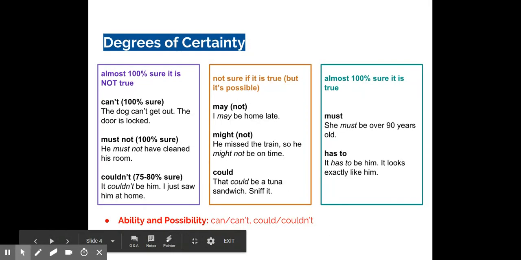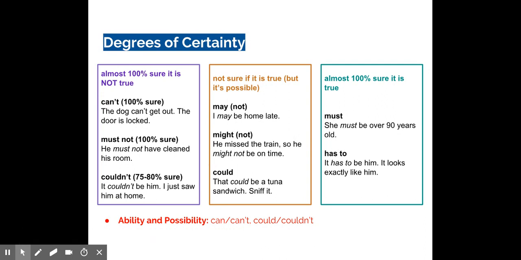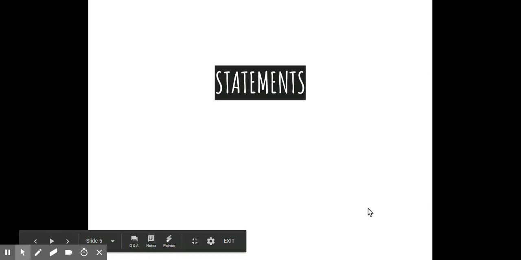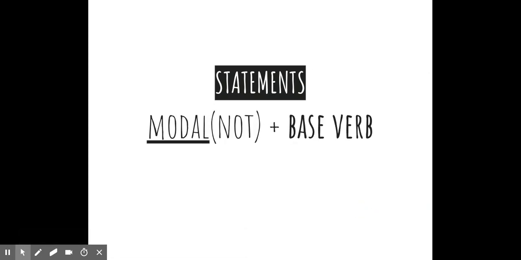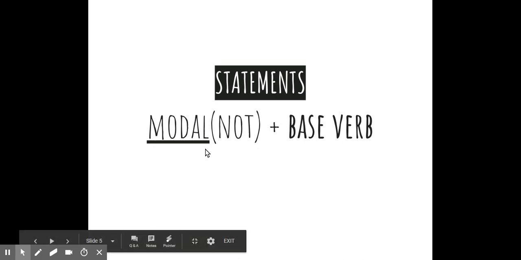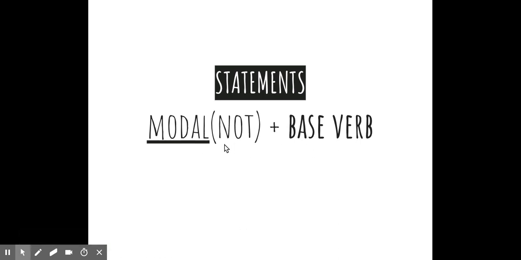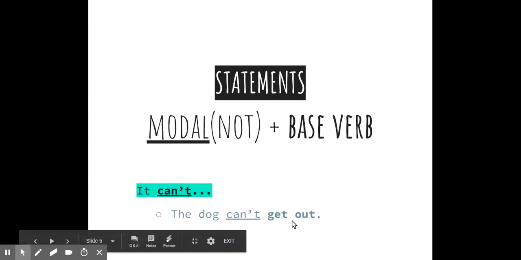Okay, so what is the actual grammatical structure when we have these in sentences? Let's take a look. So statements. We have our modal plus our base verb. This is the same as our advice, right? Modal comes first, base verb comes after. If you are using not, it gets attached to the modal. So things like it can't, the dog can't get out. Here's our modal. There's our base verb.